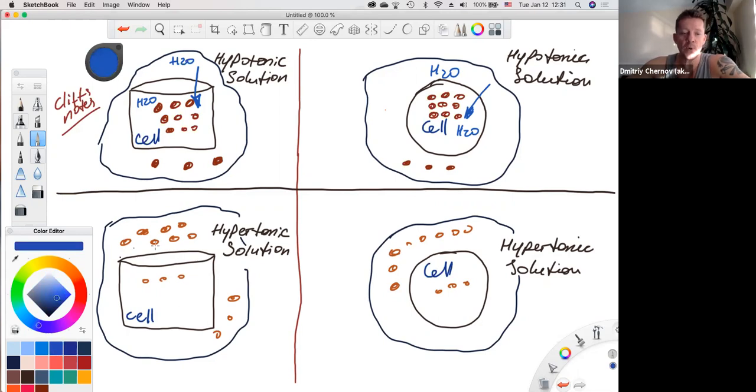In this case, just because there are more solutes outside the cell, the water will escape the cell and will go towards the highest concentration gradient of the solute. Again, law of osmosis, because there's a semi-permeable membrane. So when water leaves the cell, the cell will be crushed, it will shrink. And that can lead to cell death as well.